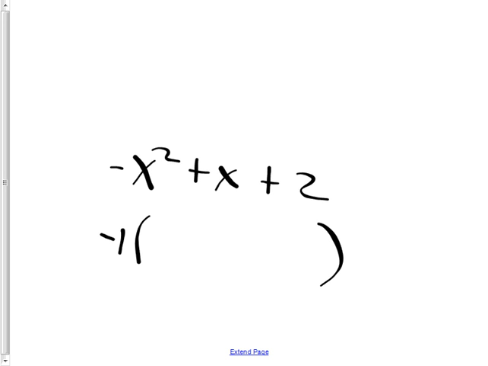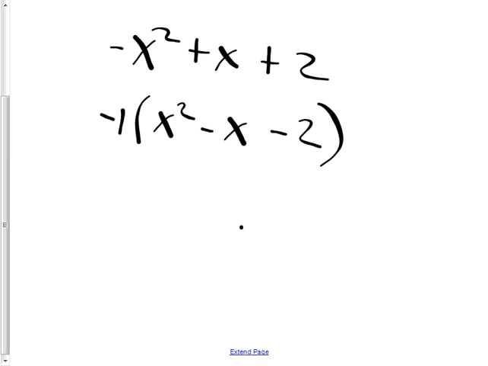Don't try to skip any steps. Once you factor out the negative 1, you got to write this next part. X squared minus x minus 2. Then x, and then guess and check is just fine on this.